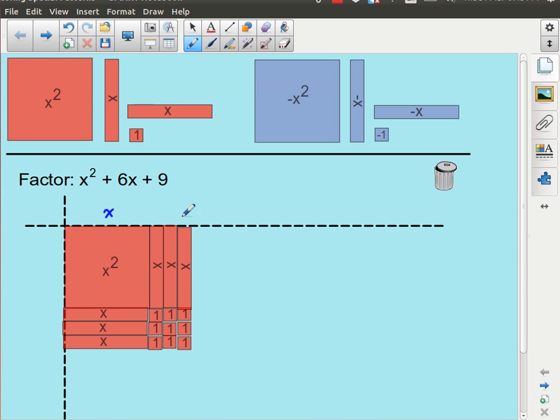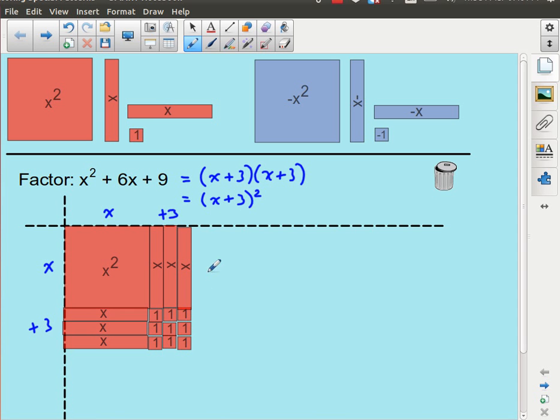I have an x across the top and then plus 3, and I have an x along the side and a plus 3. So if you just wrote this out blindly, you would say, well, that's x plus 3 times x plus 3. But x plus 3 times x plus 3 is actually the same as x plus 3 all squared, because these two factors are the same, so it's just that factor squared.